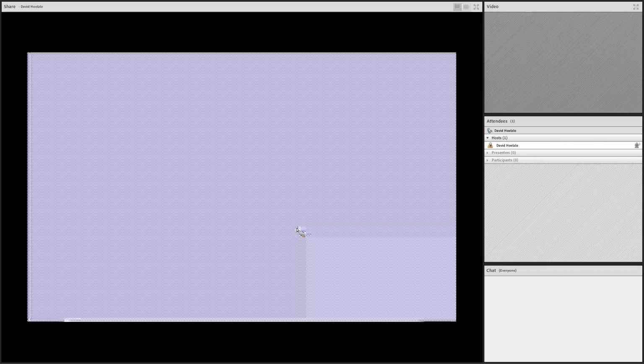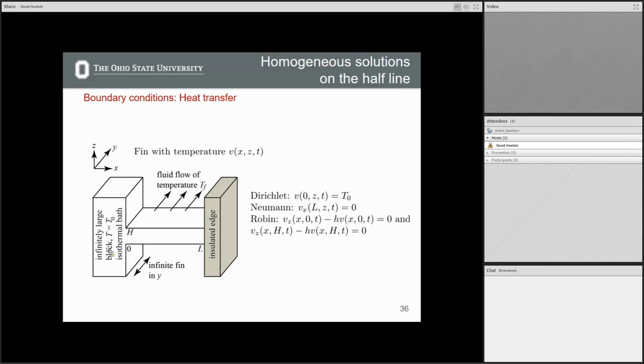For thermal systems, say, for instance, you have an infinitely large block, and this block is at some sort of temperature. We'll call this an isothermal bath. This would be our Dirichlet boundary condition at the position x equal to 0, saying this is T naught.